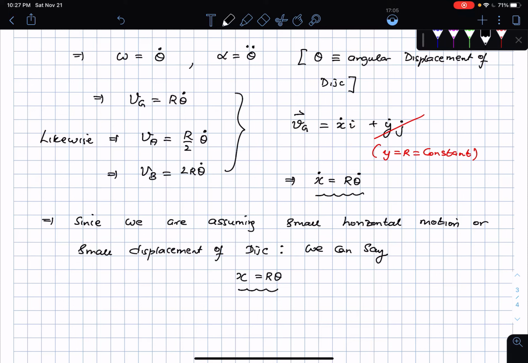Okay, this is obtained from here. So this is the connection between the two, coming from here.